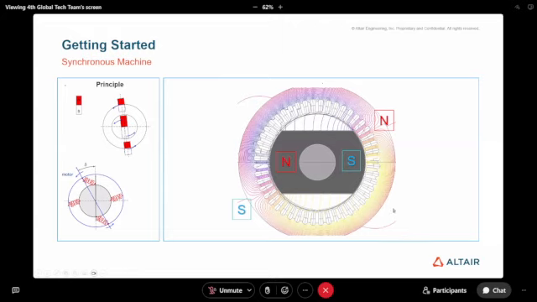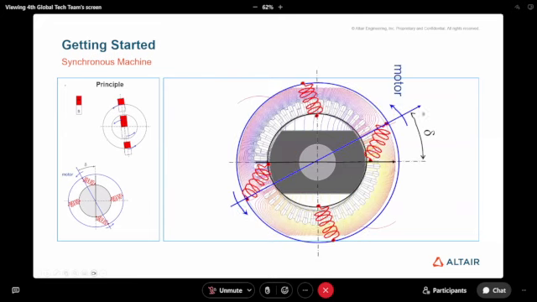This is exactly the same thing for the switched reluctance machine, where we supply each time the tooth in order to attract the tooth on the rotor. So it's the same principle here.